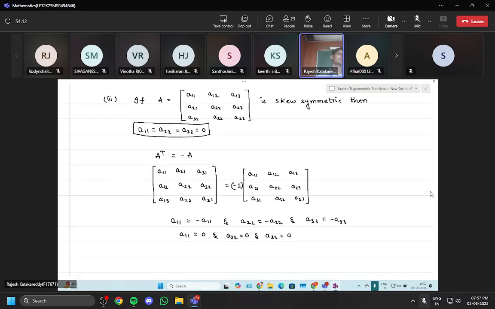Now think and tell me. Same question, note the point we wrote earlier. The maximum number of distinct elements required to form a skew symmetric matrix of order n. n into n by 2 will be there, I guess.